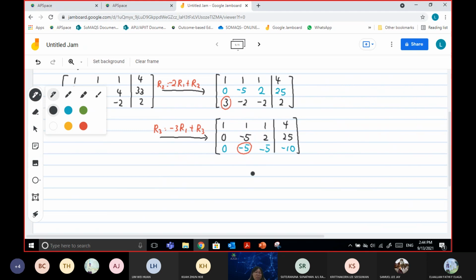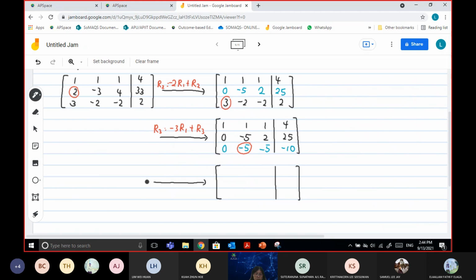The first row is all 1s, so it's easy. So now we come to the third row again, second column. We work on the third row again, so the first two rows should remain.